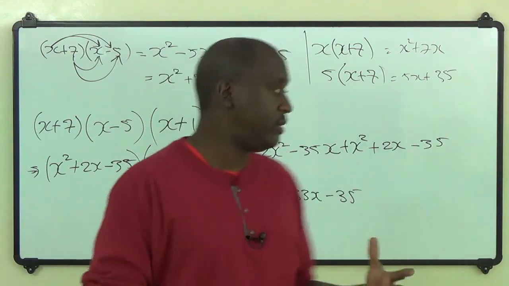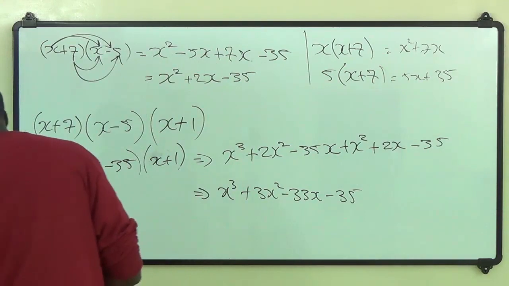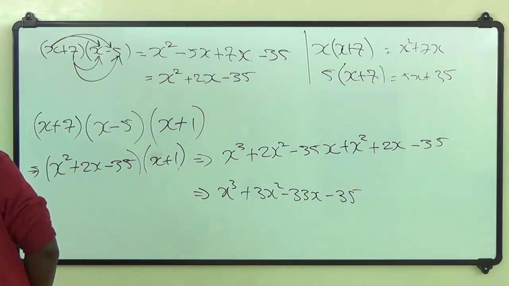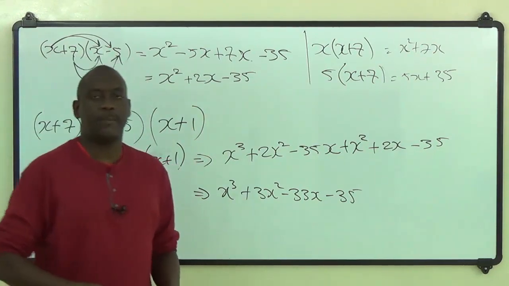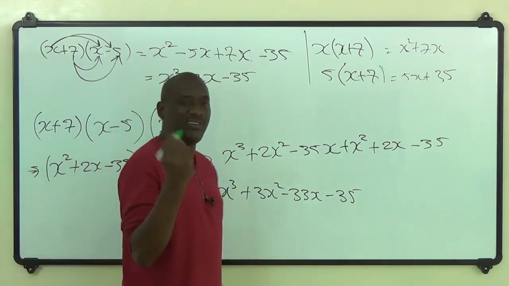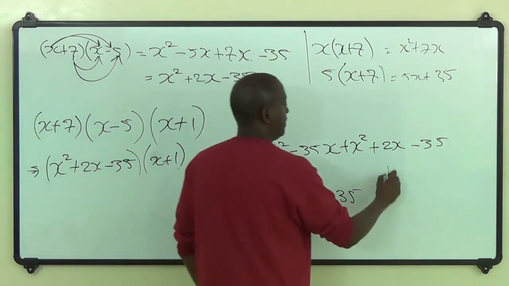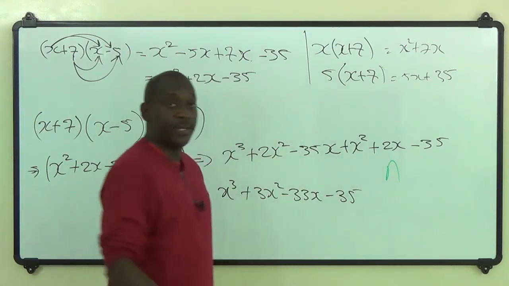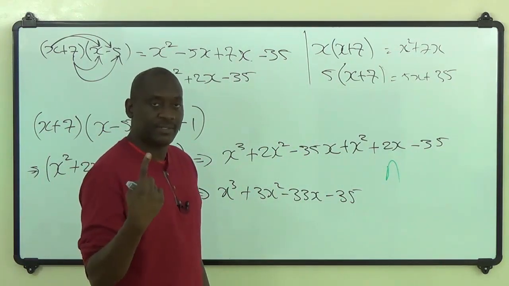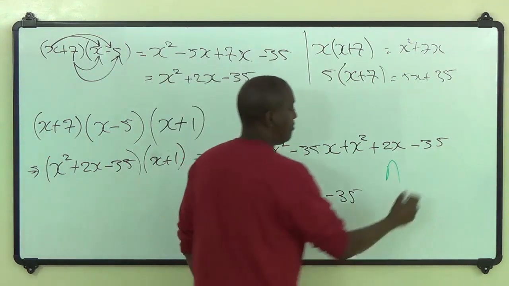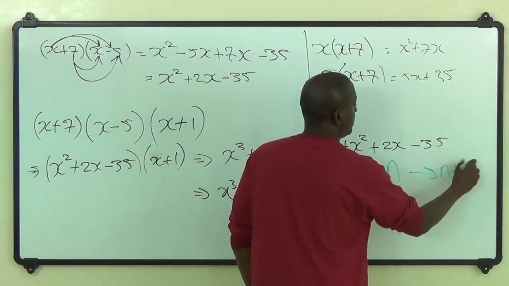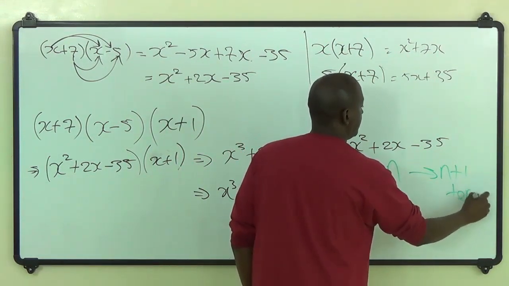So in general, and I need to steal some space here now, if the power of a polynomial, or the degree of a polynomial, is n, then the maximum number of terms that that polynomial could possibly have would be n plus 1 terms, right?